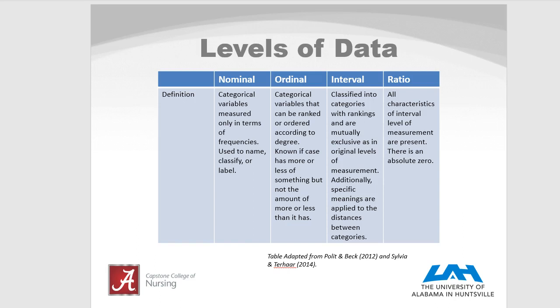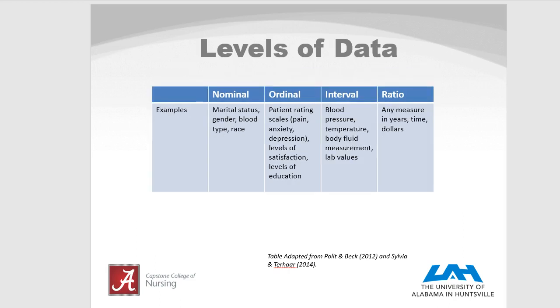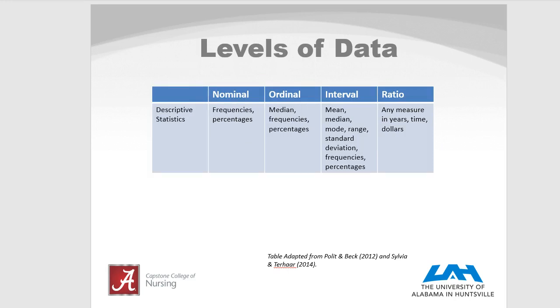I did spell this out here in these next couple of tables for you. This is how each of these are defined. You probably remember this from a class that you had in a graduate course at some point. Here are some examples of those levels of data, and then the descriptive statistics that you might apply to those particular levels of data.